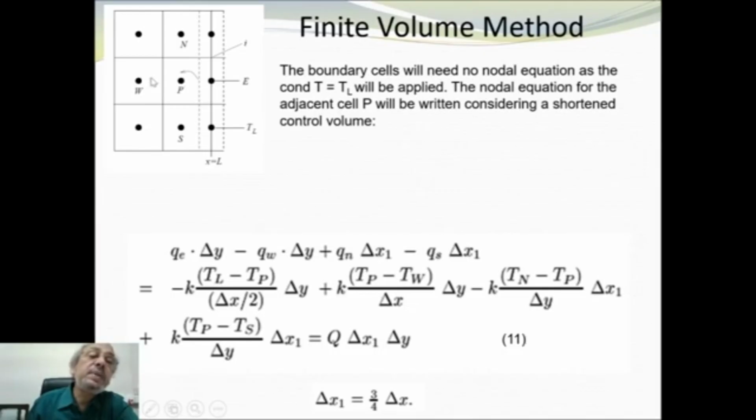Here we write (TP minus TW) by delta x. Here (Tn minus TP) by delta y, and here (TP minus Ts) by delta y.